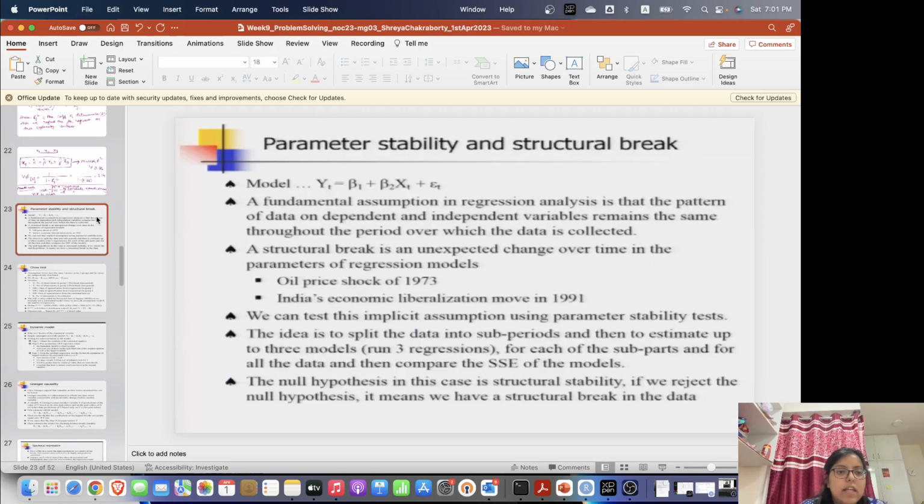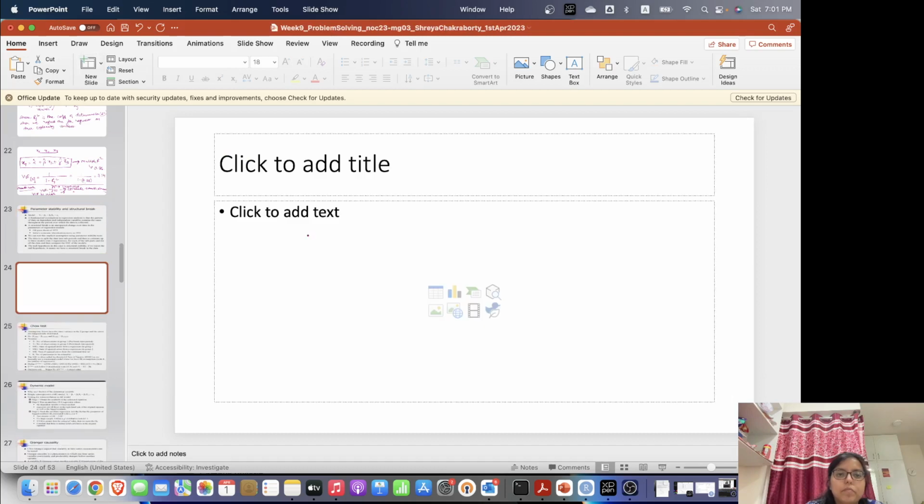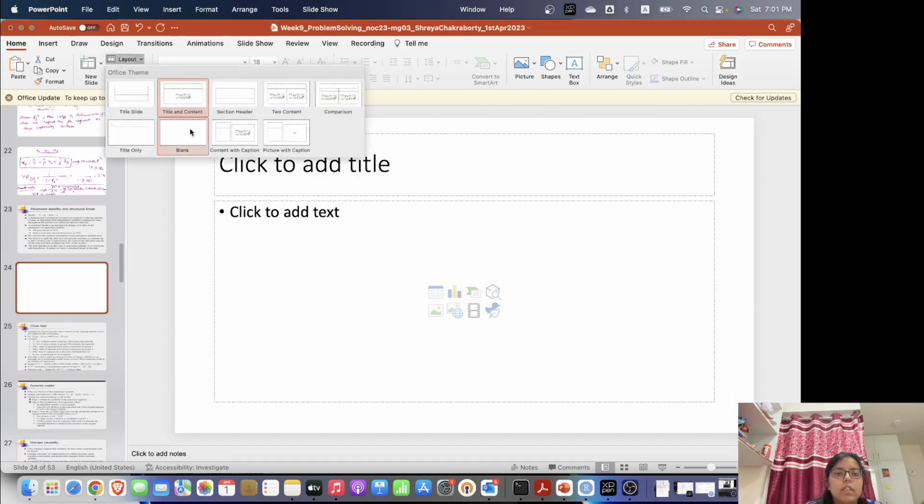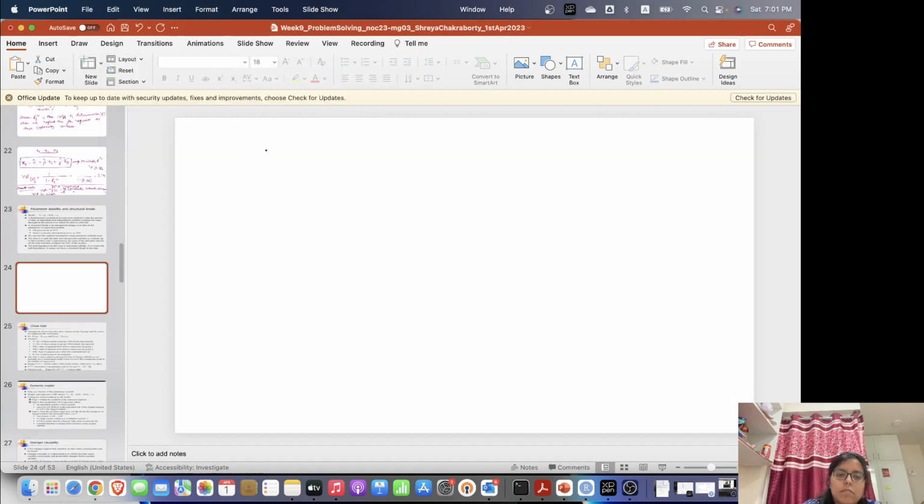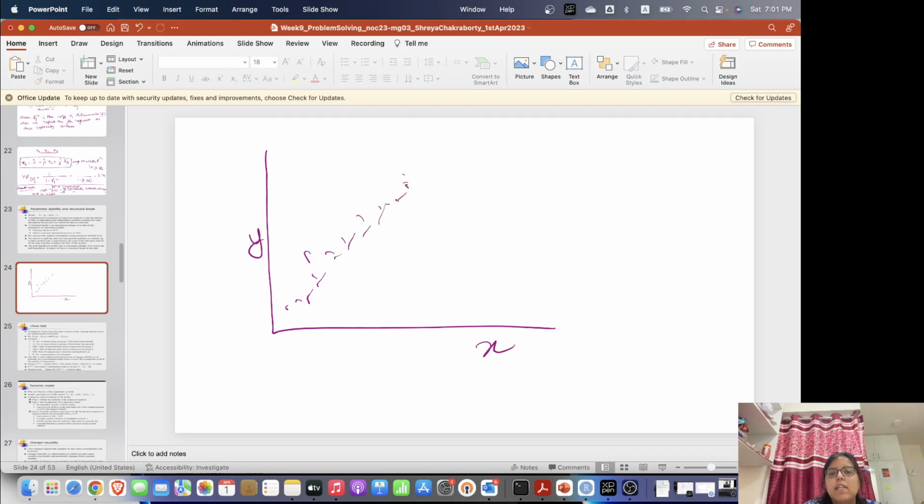All right. So then we also discussed parameter stability and structural break, like what happens if there is a natural break in the data set. Somewhere the data was going like this, suddenly there's a pandemic, and then it falls.